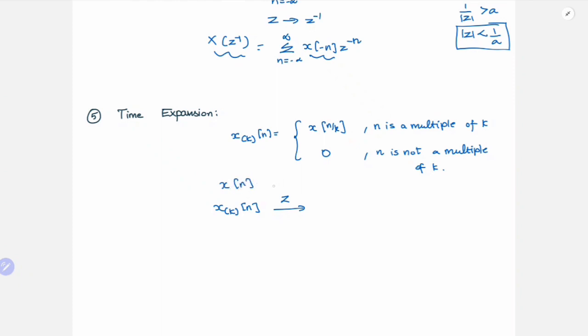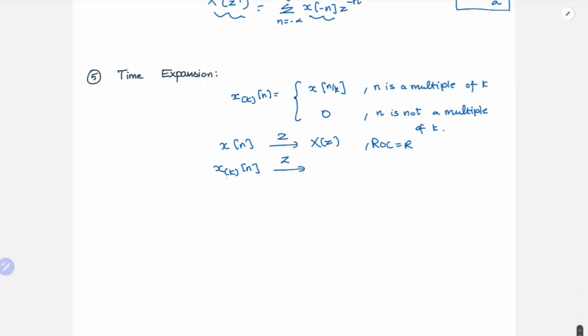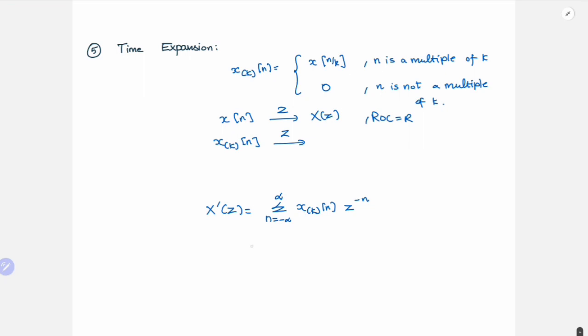So my x of n, let's say it gives a Z transform of X of z with ROC equal to R. If we just try to write its Z transform, it will be summation n equal to minus infinity to infinity x_k of n z power minus n. But using this property, what can we say? It will be summation of x of n by k z power minus n, and also n is a multiple of k.